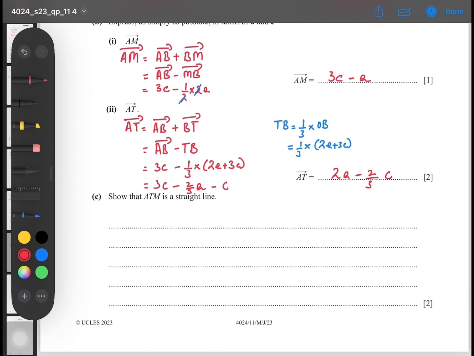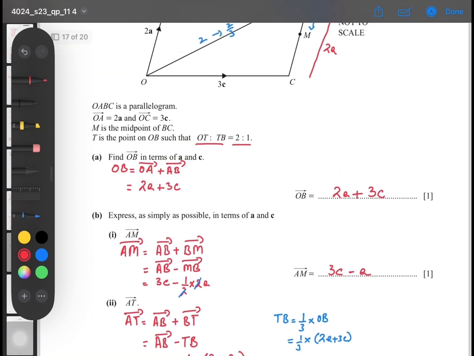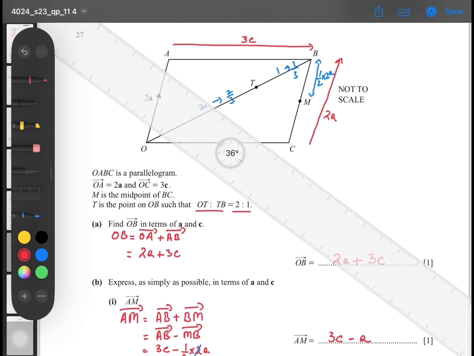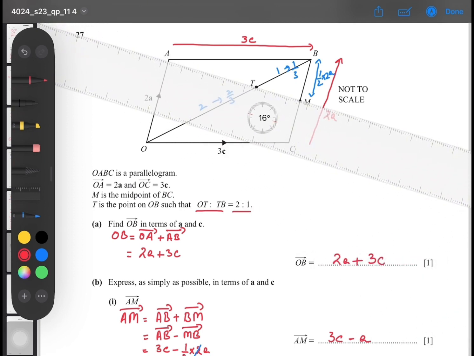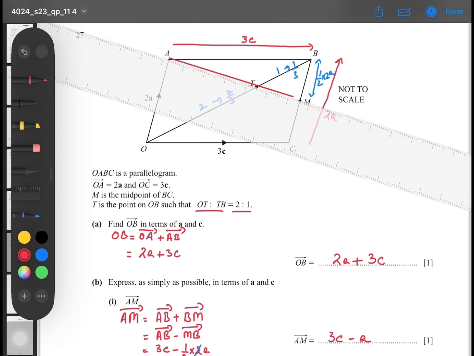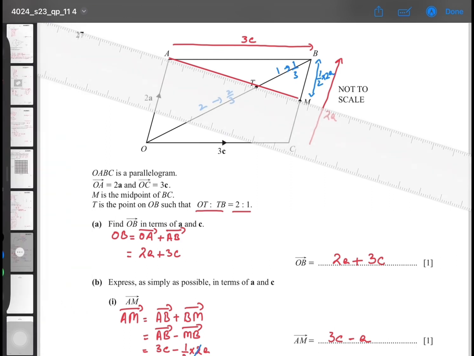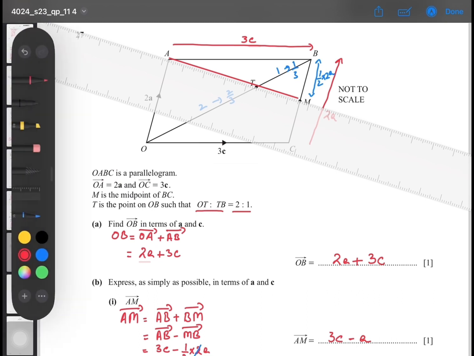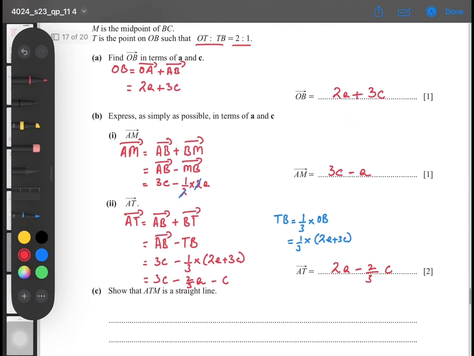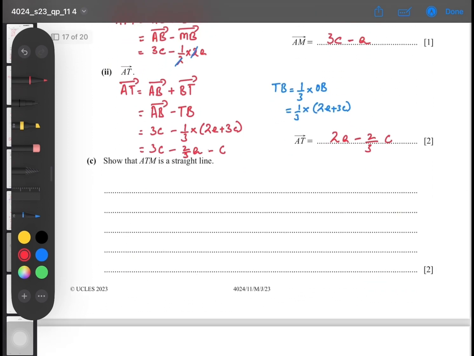Show that ATM is a straight line. For ATM to be a straight line, we need to prove AT is parallel to AM, so AT must be equal to K times AM.